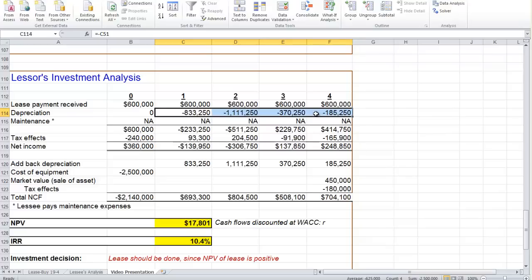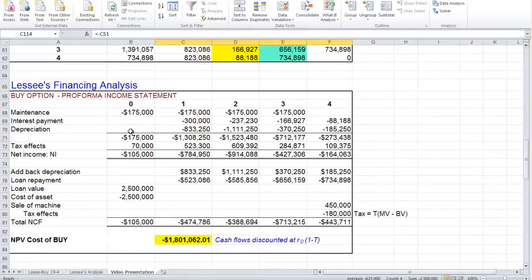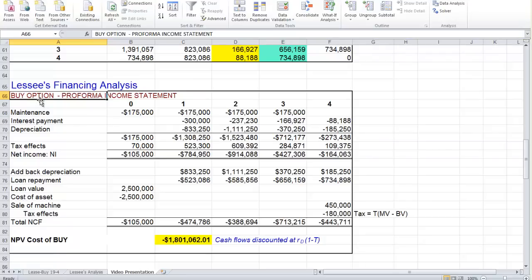Some students get a little confused and ask why you would recognize depreciation expenses for the lessor and also for the lessee up here. But don't forget, these depreciation expenses are recognized under the lessee's buy option. In other words, if the lessee were to borrow money to buy it, then depreciation expenses would apply.